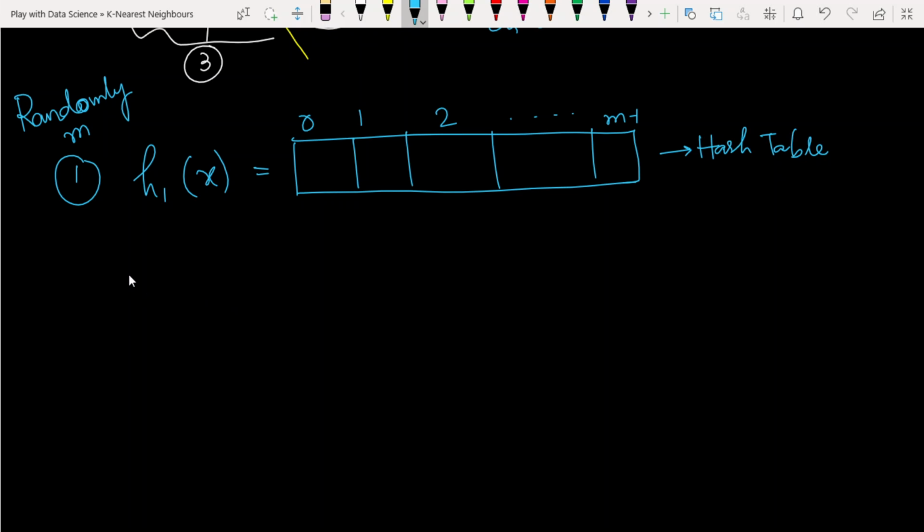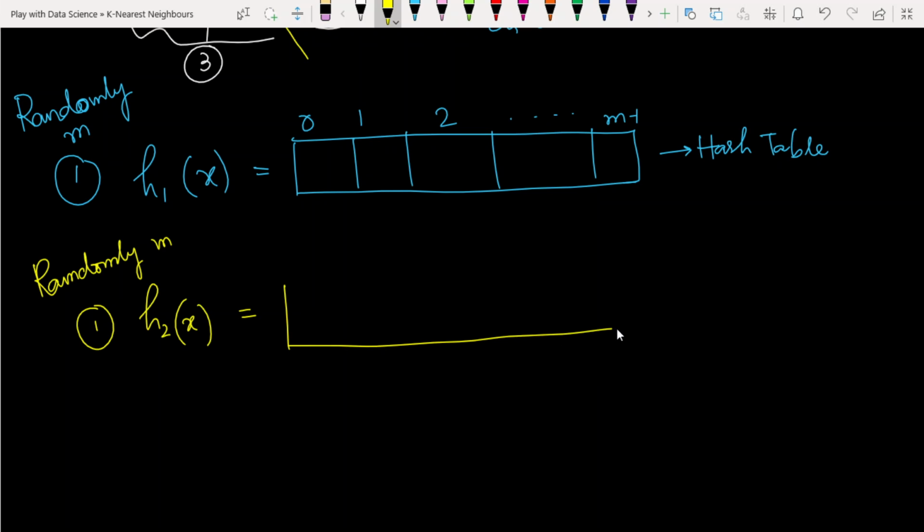The next step, we are doing the same job. Again we randomly generate m values, and according to these m values we construct another hash function. From these hash functions we construct another hash table.